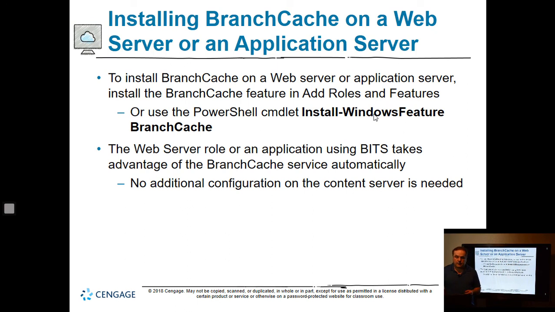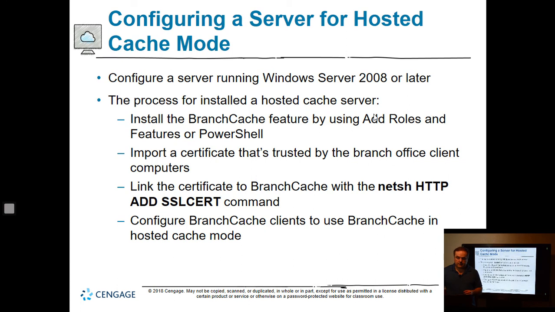That's the web server role, or an application using BITS takes advantage of the BranchCache service automatically. To configure a server for hosted cache mode, you can use an SSL certificate and install the BranchCache feature using Add Roles and Features or PowerShell.